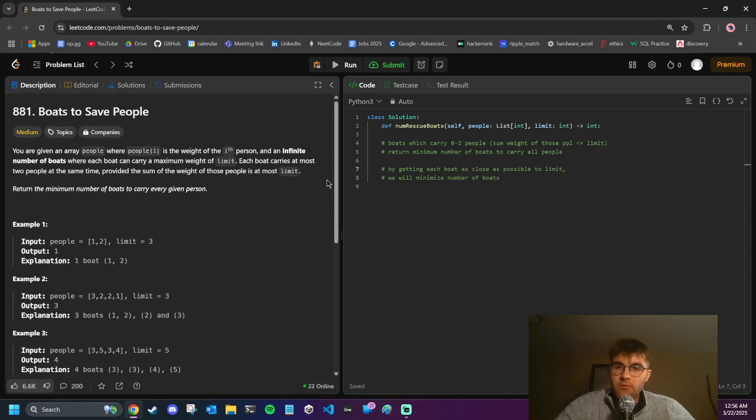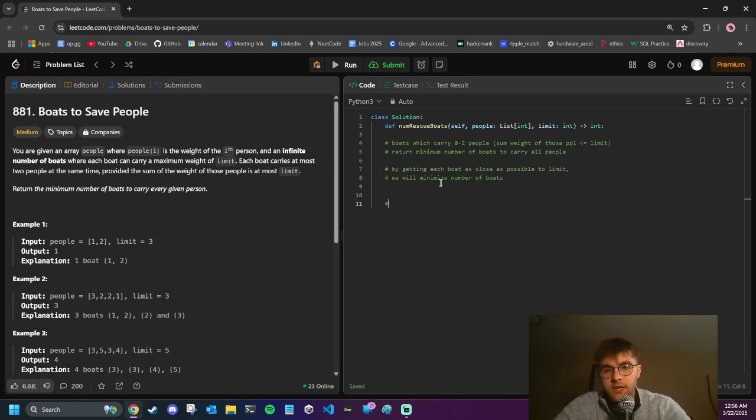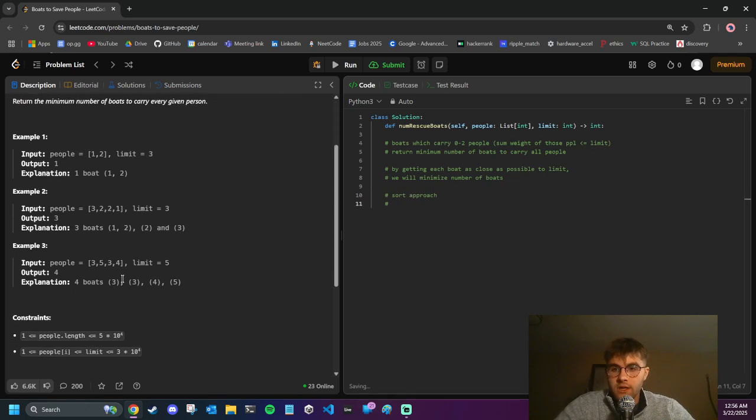I'm also thinking you may be interested in sorting the people's weights, and I think that would give you a lot of utility. Maybe it's not necessary, but for now, I'm going to do a sort approach. So let's look at, for instance, 1, 2, 2, and 3.